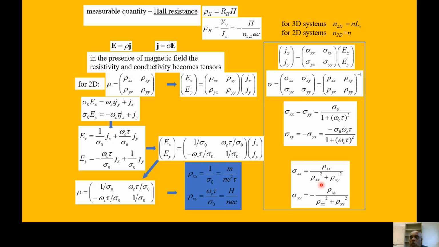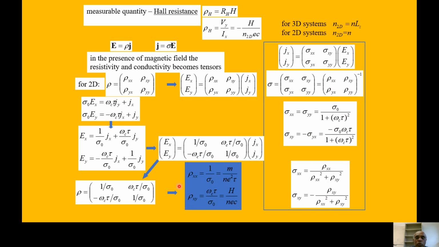So even if your rho xx is 0, you have some sigma xx value, right? Here rho xx is 0, so this term cancels, but you have the sigma xy term. So you have to understand how to relate your sigma values to your rho values.